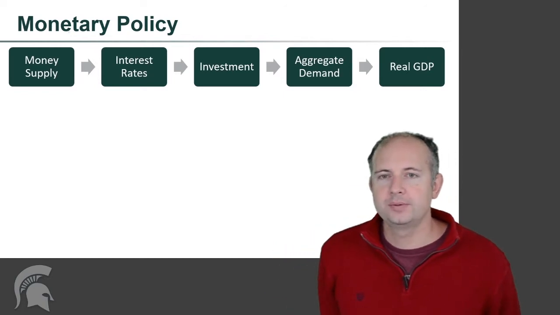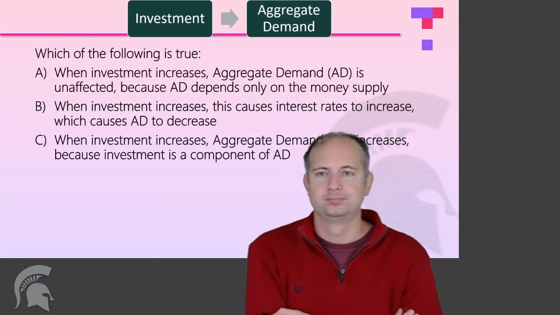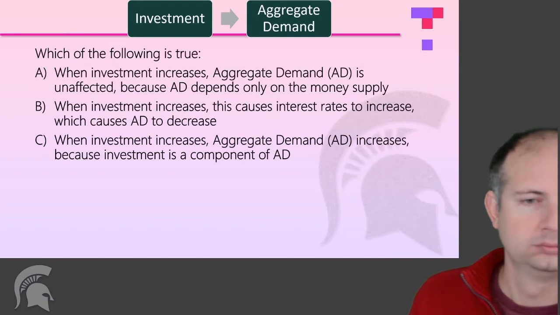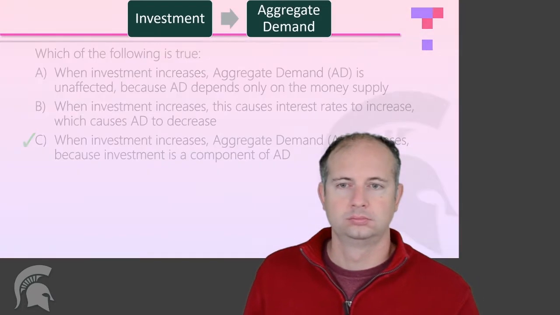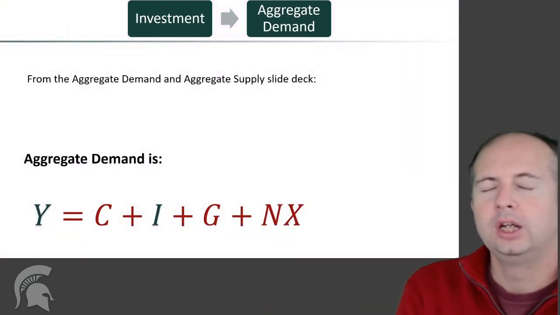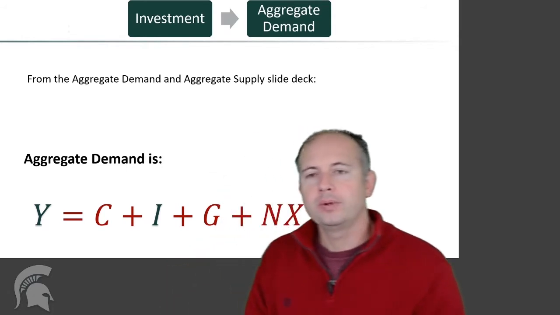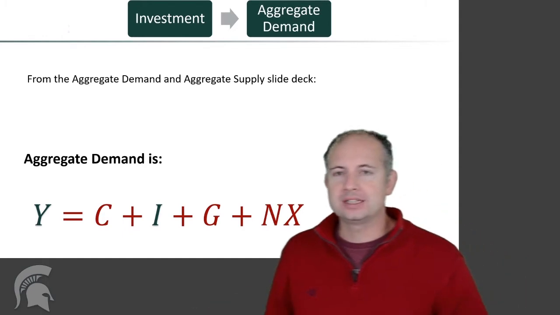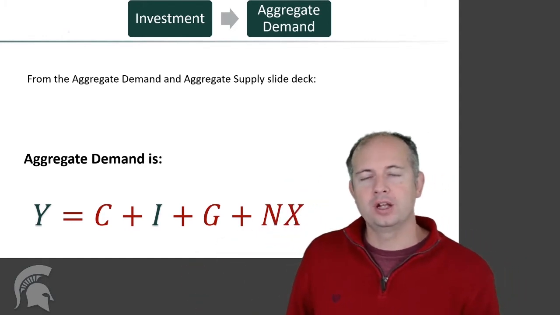Next, let's look at the relationship between investment and aggregate demand. So which of those three statements is true? From the aggregate demand and aggregate supply slide deck, we learned that aggregate demand is equal to all the ways we can spend money, same as the expenditures formula for GDP.